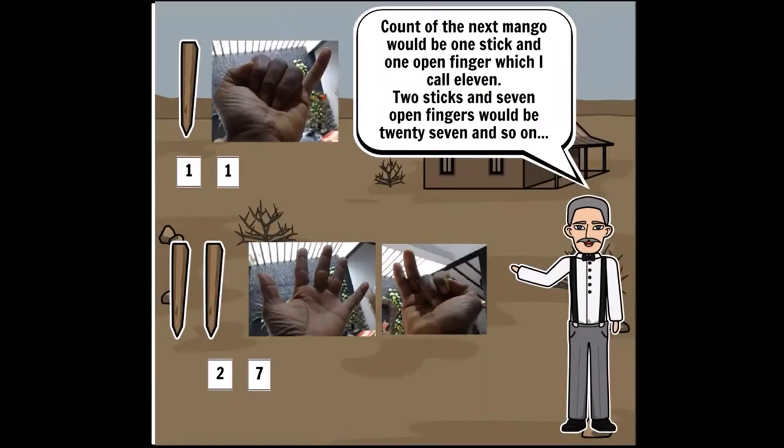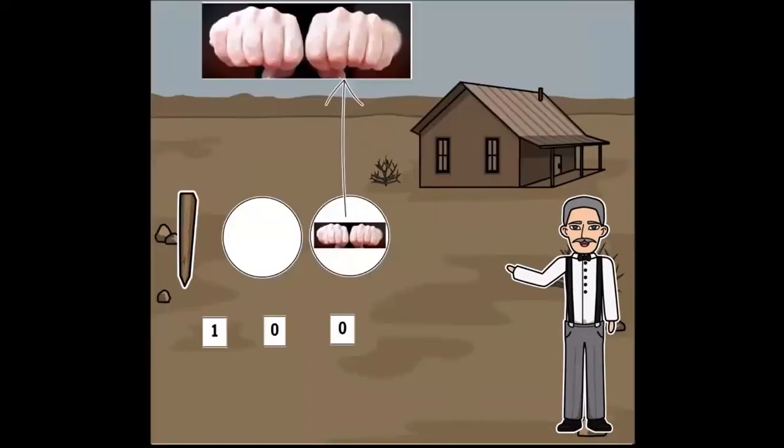What would happen when he reached 10 sticks? Again, after some logical thinking, he took all 10 sticks aside, opened up another column by putting one stick to the left of the tens column and putting a circle in place of the tens column.